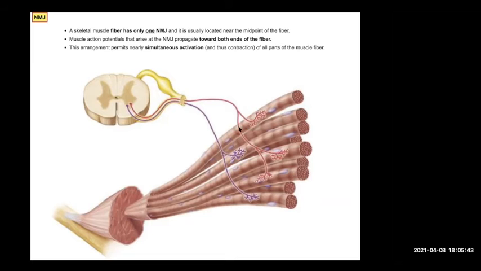It has a single neuromuscular junction somewhere in the middle of it. And so when that neuromuscular junction is depolarized, that signal is going to spread in both directions throughout the entire thing, so that the muscle fiber contracts simultaneously. Okay, so there's only one neuromuscular junction per fiber. We'll get back to this concept when we talk about motor units.